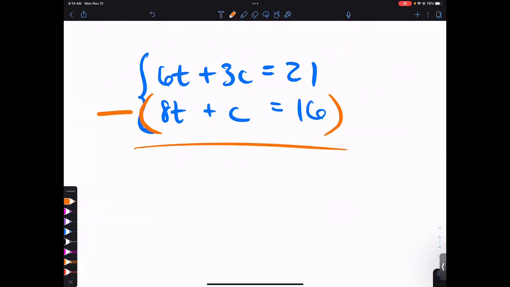So if we subtract 6T minus 8T, 3C minus C, 21 minus 16. Okay. Now what? What did we just get?